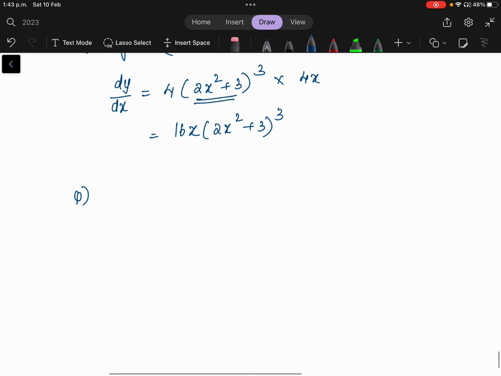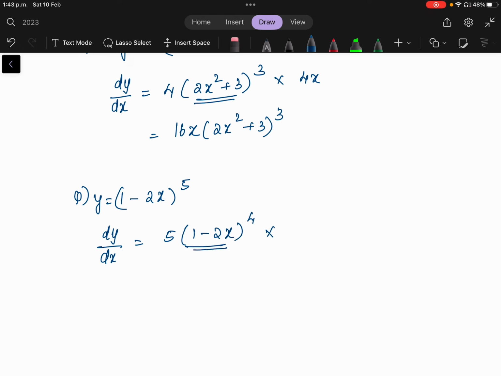Another question: 1 minus 2x to the power of 5. So dy over dx is equal to 5 times 1 minus 2x to the power of 4. Is this x? No. Differentiate it again: minus 2. So it is minus 10 times 1 minus 2x to the power of 4.